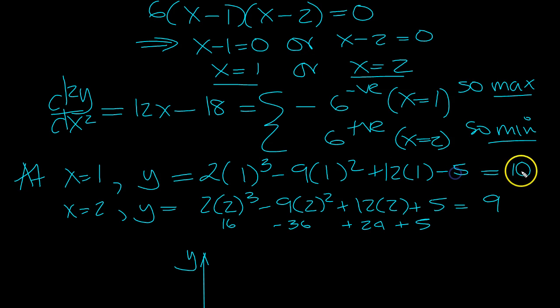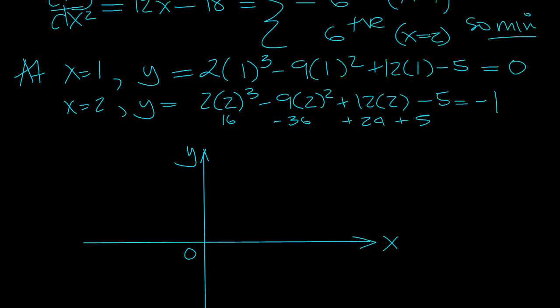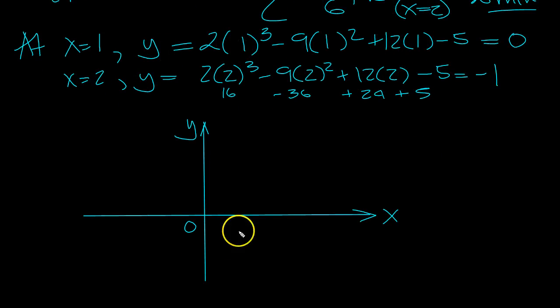So instead of adding 5, you take away 5, that's going to be 0. And here, the same goes here. So it's going to be minus 1, isn't it, when we work it out? And this is going to be minus 1. Because instead of adding 5, you're taking 5 away. Okay, that's better. So we've got these points now. At x is 1, y is 0.